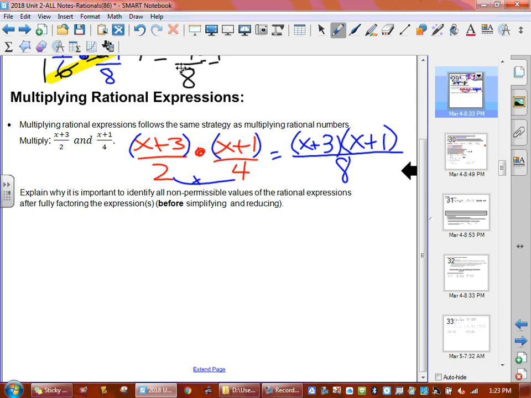Why do we always have to find non-permissibles before we start wiping off common factors? Make sure it doesn't equal 0. That's right. If one of them disappears, you won't know.